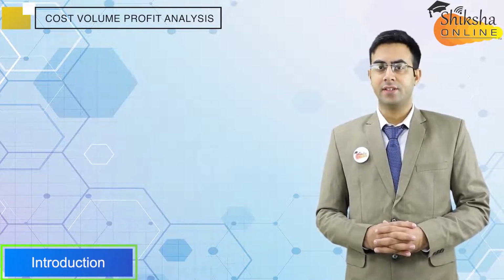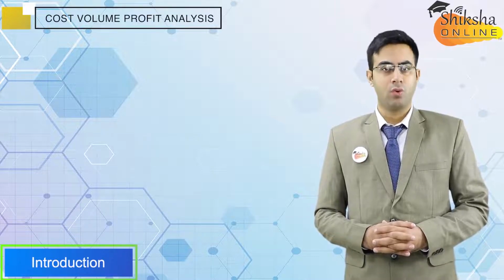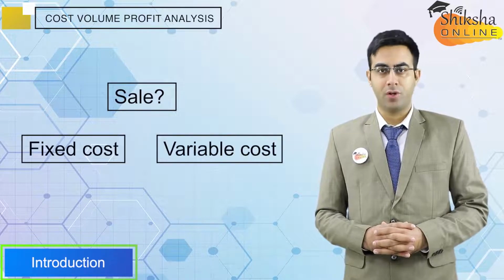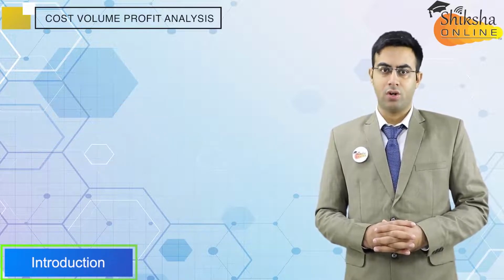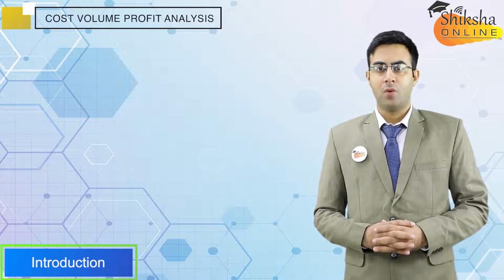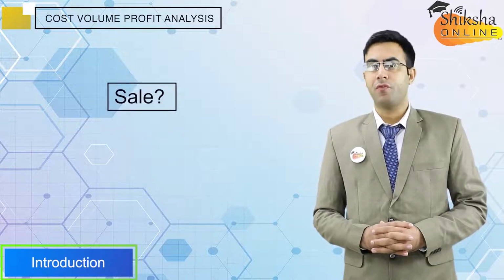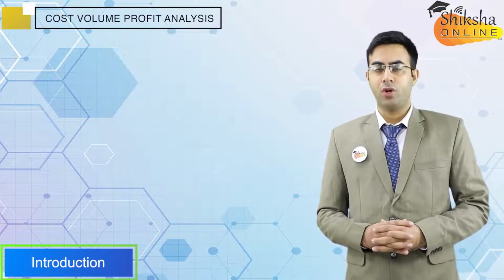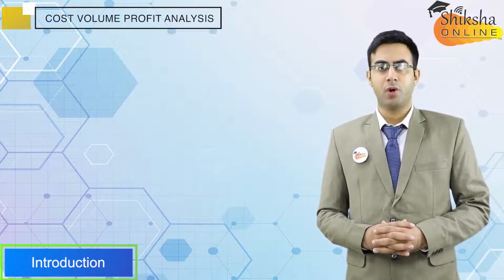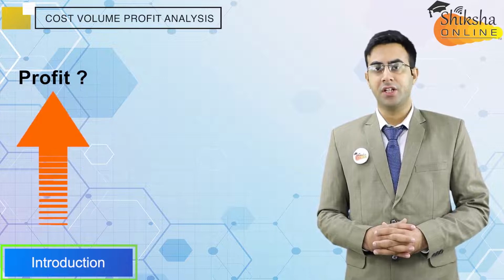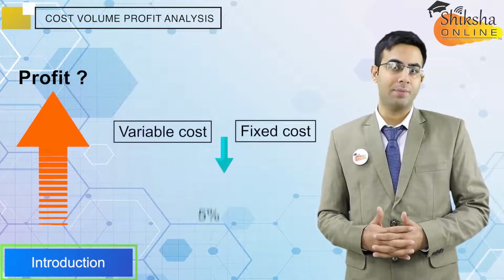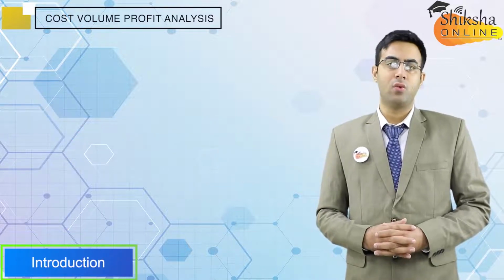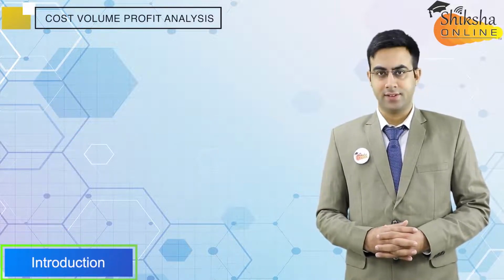Basically, CVP analysis is calculated if you want to know how much sale is required to cover your fixed cost or variable cost in business, or you want to know how much sale is required to earn profit of rupees 1 lakh, or you want to know how much profit is increased if there is reduction in variable or fixed cost by 5% or maybe 10%. So all this you calculate only by doing CVP analysis.